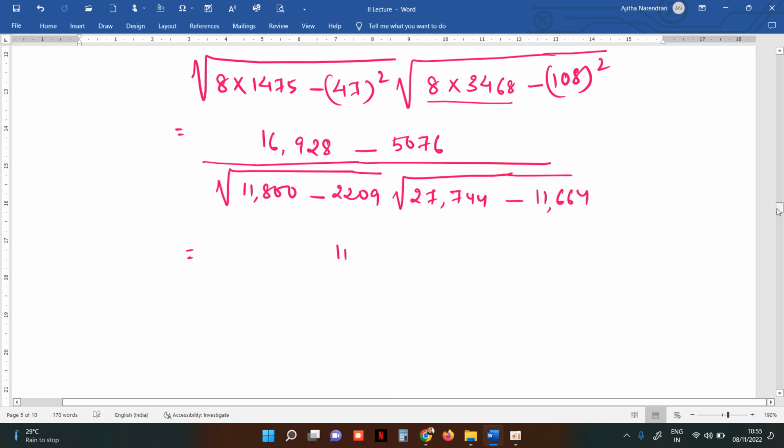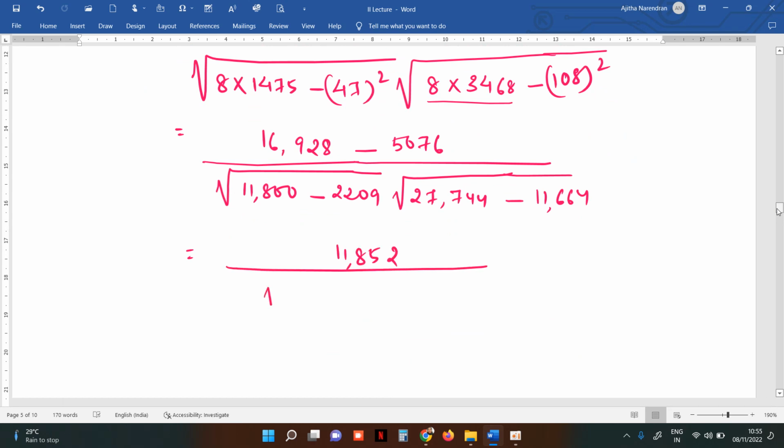Right? 11,852 whole divided by the root of this. You just subtract it and find out the root.